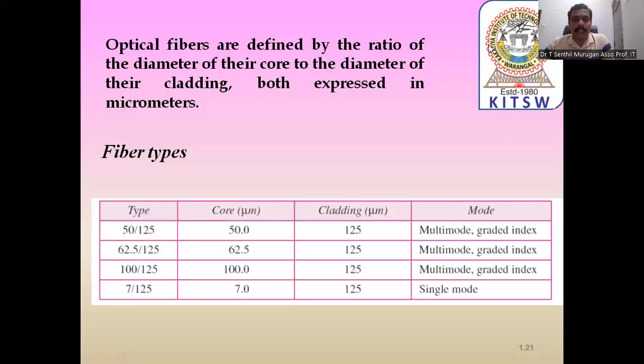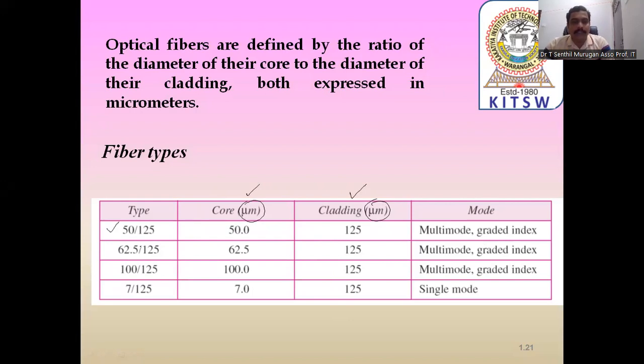Optical fibers are defined by the ratio of the diameter of their core to the diameter of their cladding, both expressed in micrometers. So it is classified according to the core and according to the cladding, and the unit is micrometers. For that, the type is mentioned like 50 by 125: here the core is 50 and the cladding is 125.